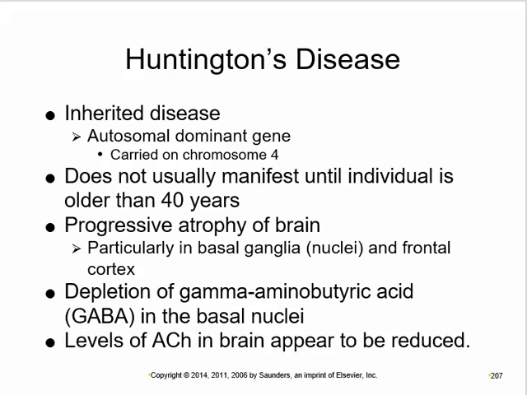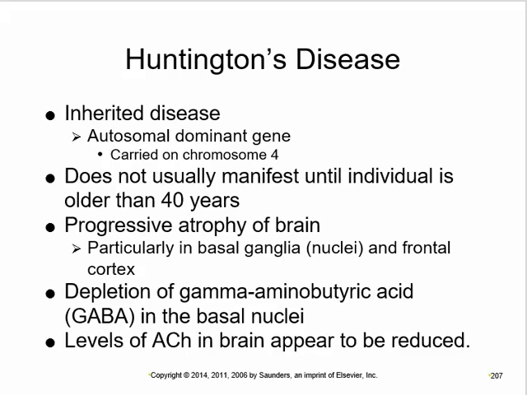It's a progressive atrophy in the brain, basal ganglia, so it's kind of a little bit like Parkinson's, a little bit in the frontal cortex, so the personality changes. It's a depletion of GABA in the basal nuclei, and GABA is an inhibitory neurotransmitter.